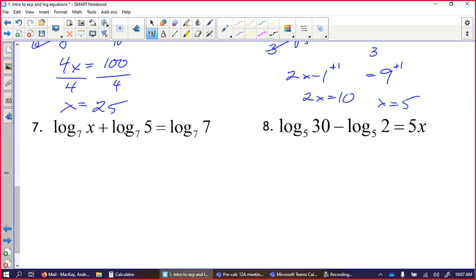If I have the sum of log base 7 of x and log base 7 of 5, that is going to equal log base 7 of 5x. Log base 7 of 7. Those go away, 7 to that power. So 5x equals 7.